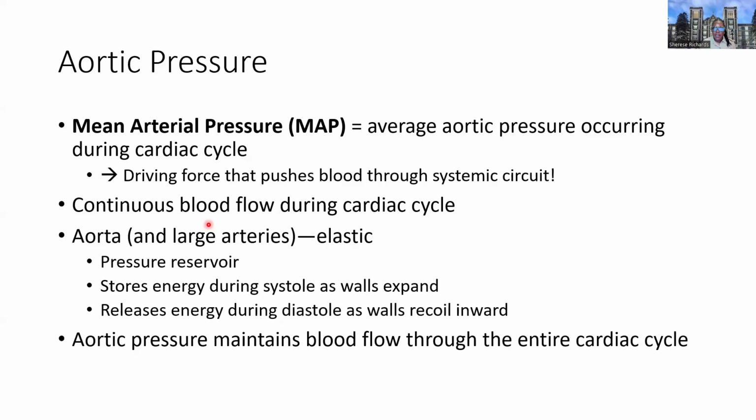So even in times when the semilunar valves close, there still needs to be a mean arterial pressure that's maintained in the aorta that helps to move blood throughout so that our organs don't experience any interruption in that perfusion. So that is why the mean arterial pressure is so important. It's the average aortic pressure throughout the entire cycle.